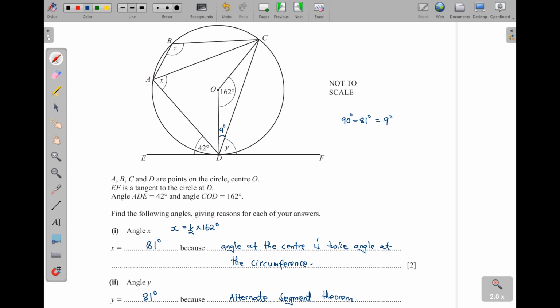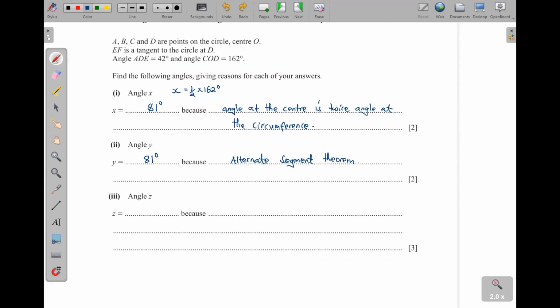You see that? Then of course y here is 81. So now let's find this other angle here. So this other angle is going to be, let me write it here, 180 minus, we have the 42 there.